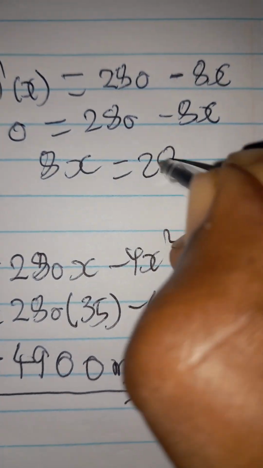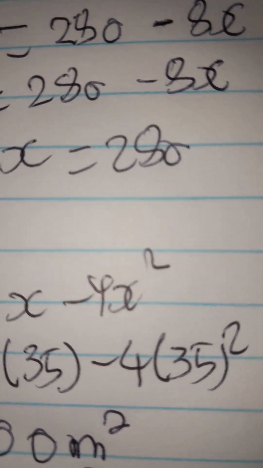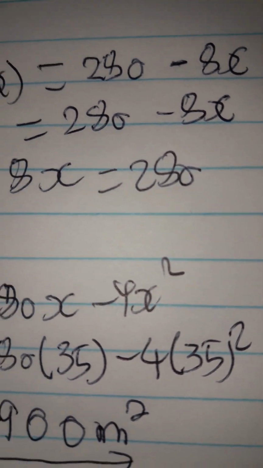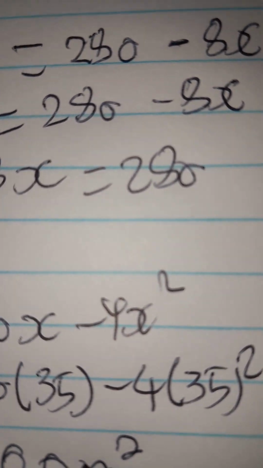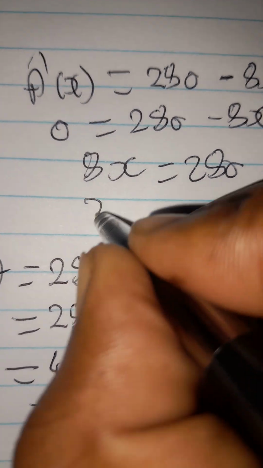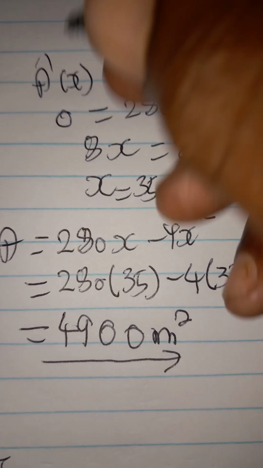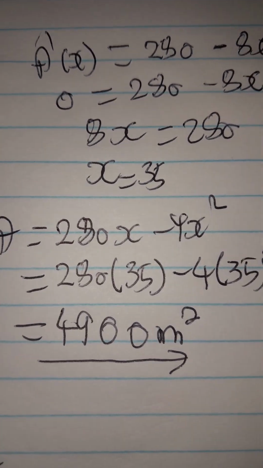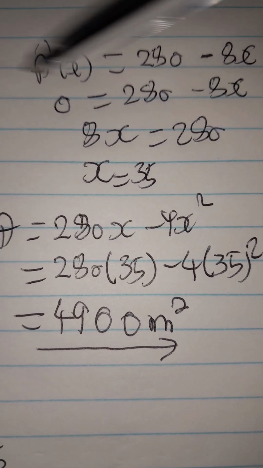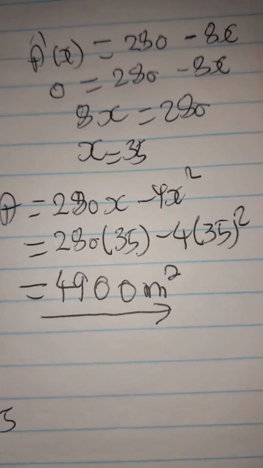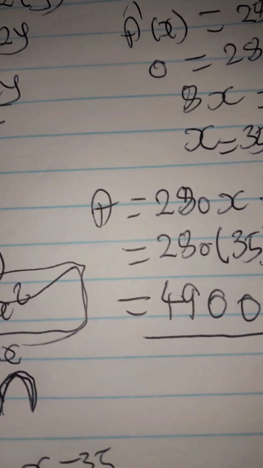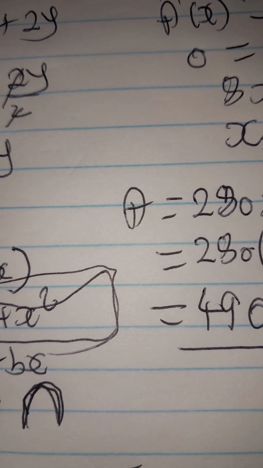It will be equal to 280. So let's see, 280 divided by 8. That definitely will give us 35. Then you will substitute here. So you can also use this way, right? Or you could find the x values and then add them, divide by 2. Still you get the same thing, right? So that's how you can work with question 1.